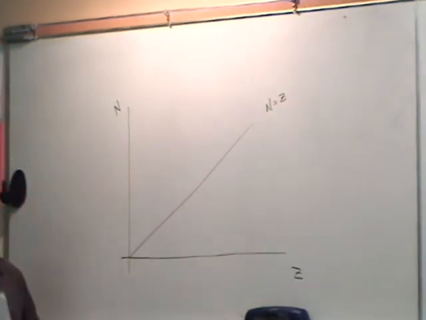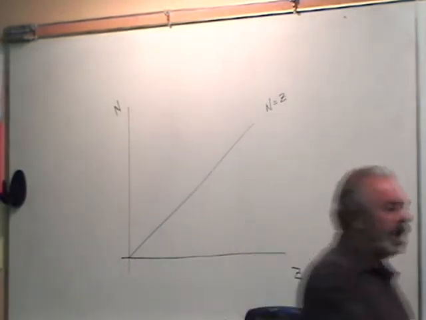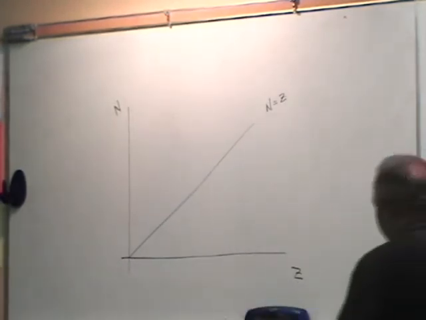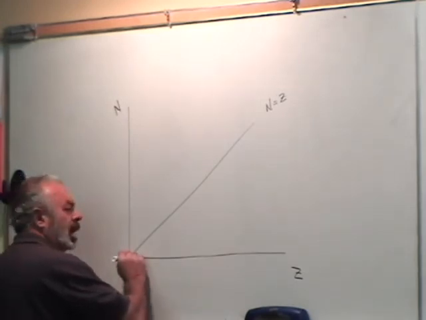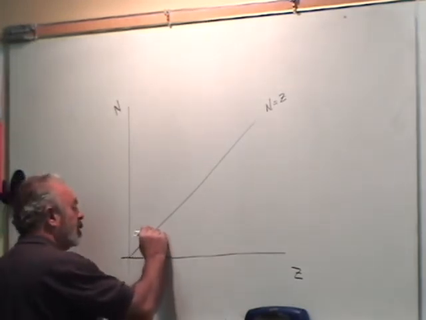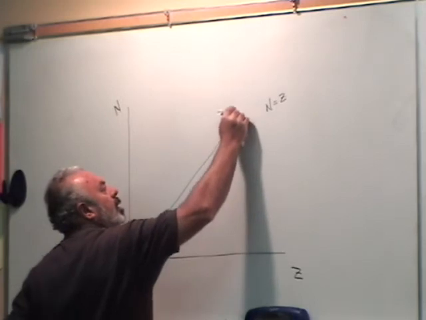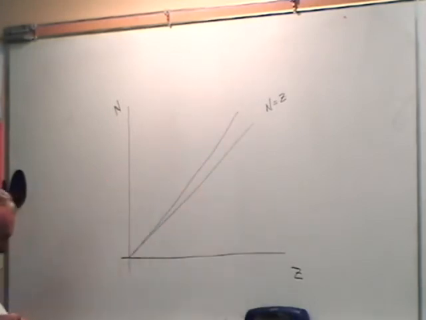You discover that the elements that exist are on a line which starts out as N equals Z, but then goes above, and then comes to an abrupt stop someplace.